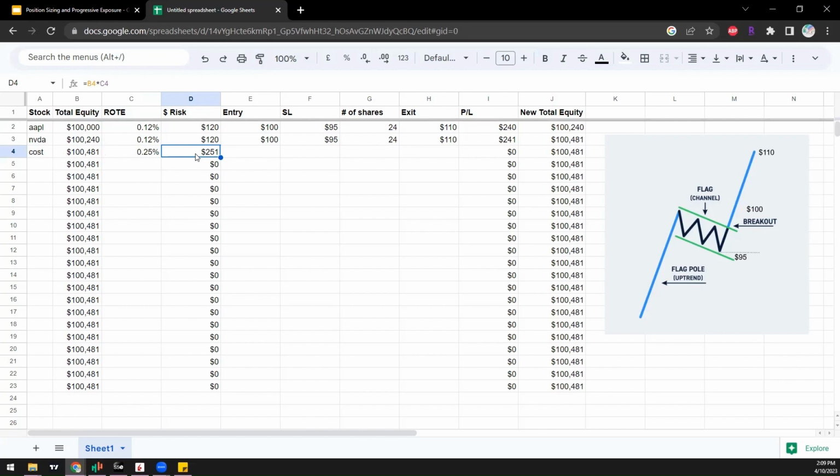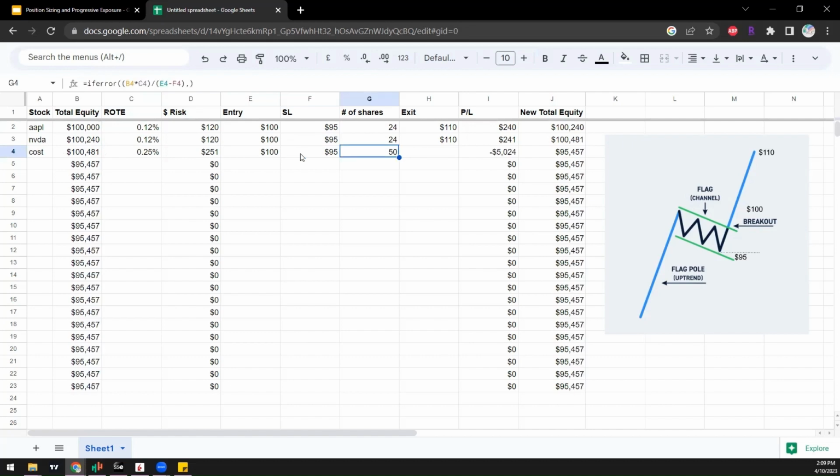Now, let us think about it this way. Costco could either work or not work. Let's see the worst case example, which is that Costco doesn't work. I enter again at $100. I put my stop loss at 95. Now I'm buying 50 shares of Costco because remember, I'm risking more on this trade.